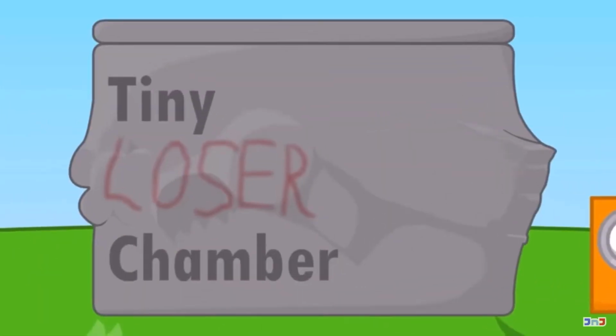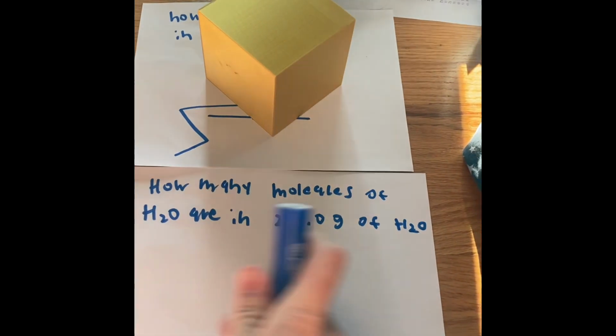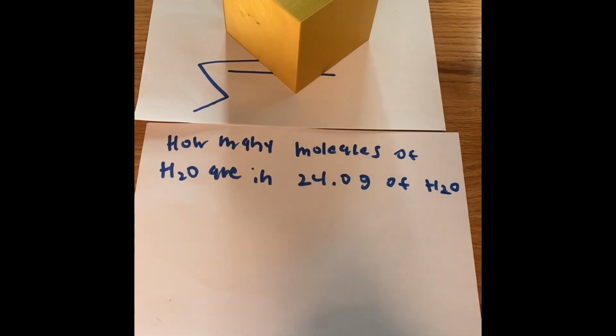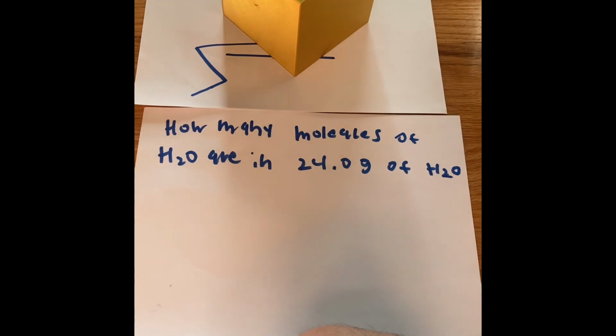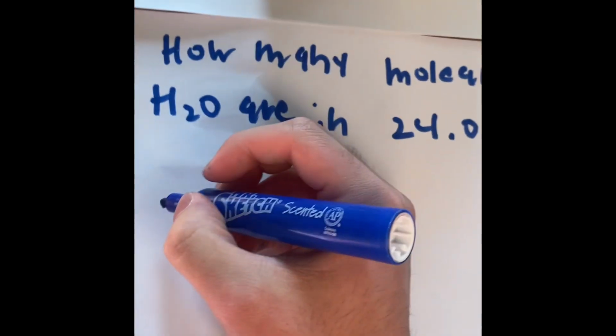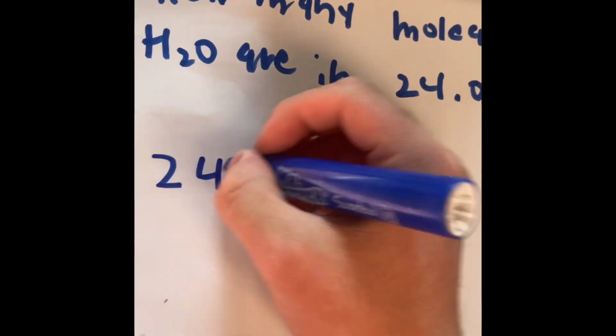It's been fixed. Let's do the math. We already understand that we're trying to find how many molecules are in water that has a mass of 24 grams, so we put 24 right there.